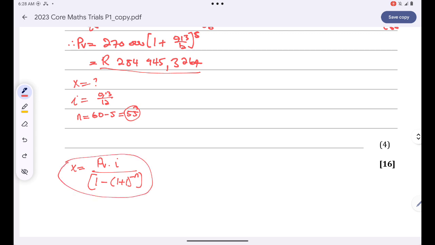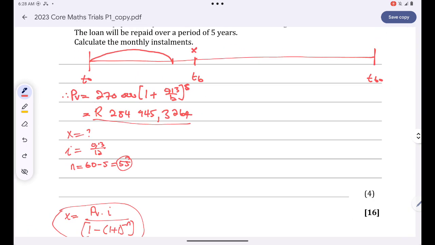This will just prevent me from making mistakes, guys, né? However, guys, there are marks for substituting. So please do write the original equation. PV is equal to X, and then you'll simply have 1 minus 1 plus I to the power n all over I.